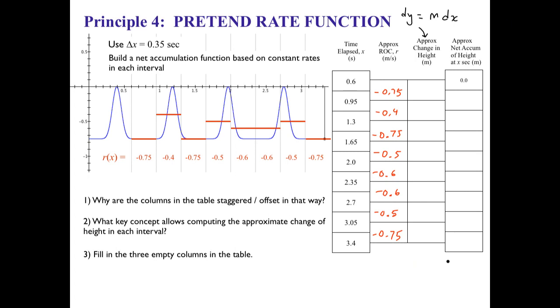In each interval, we got a different constant rate, so we're going to use whatever m is for that interval. And what's dx? dx is our delta x, which stays the same. That's 0.35. So you take your rate times 0.35, and that gives you these little changes in height for each one of those intervals of 0.35 seconds.